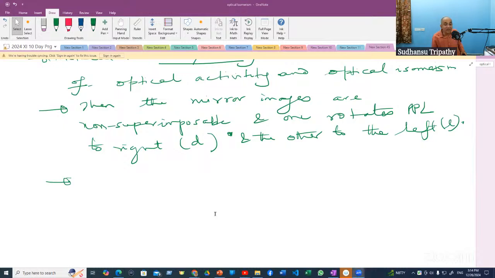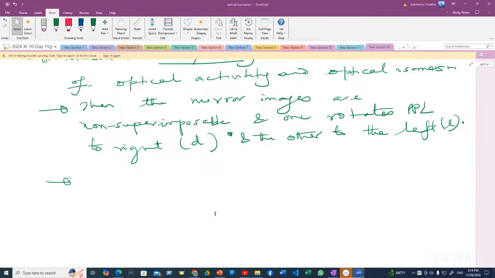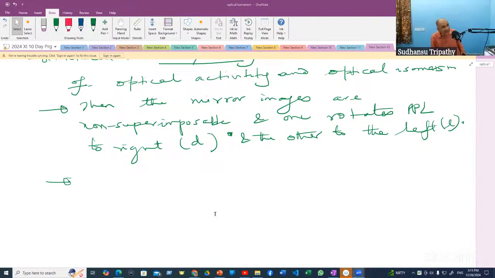Absence, yes. Sir, absence of plane of symmetry, center of symmetry, and alternating axis of symmetry. Precisely. This is the main thing. The molecule should not have any one of these three elements of symmetry.